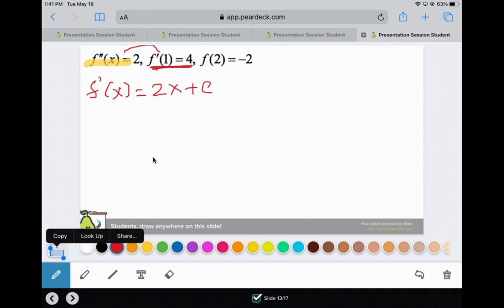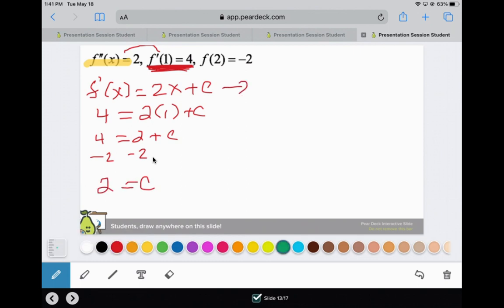Now I'm going to use the one that I just underlined in red. I know the x value is 1, the y value is 4, so I'm going to replace this: 4 equals 2 times 1 plus c. So that's 4 minus 2, c is 2. So this function f prime is 2x plus 2.